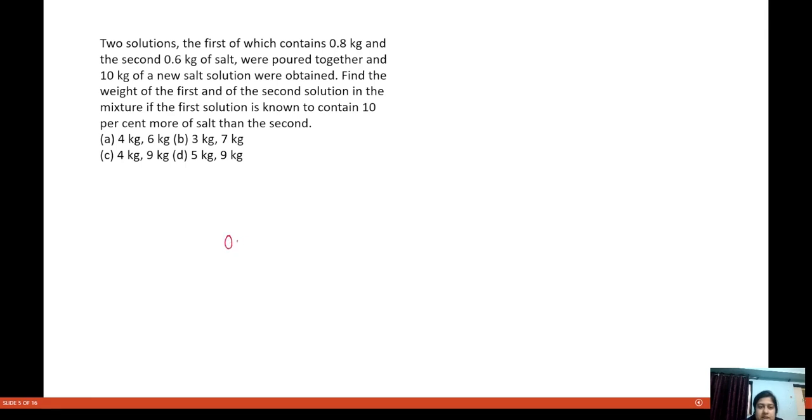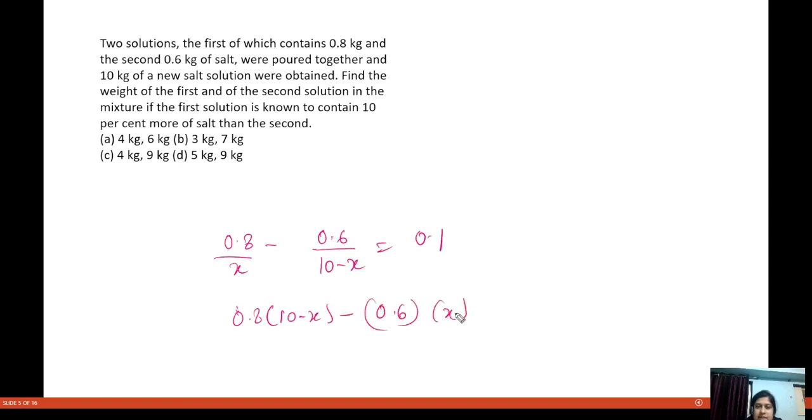So we get our equation: 0.8 divided by x minus 0.6 divided by 10 minus x equals 0.1. What else can we do here? Obviously, this is 0.8 into 10 minus x and 0.6 into x, and here you get 0.1 into x into 10 minus x.